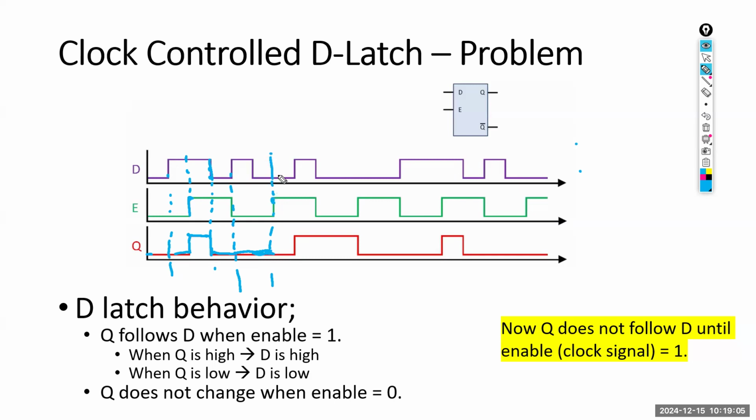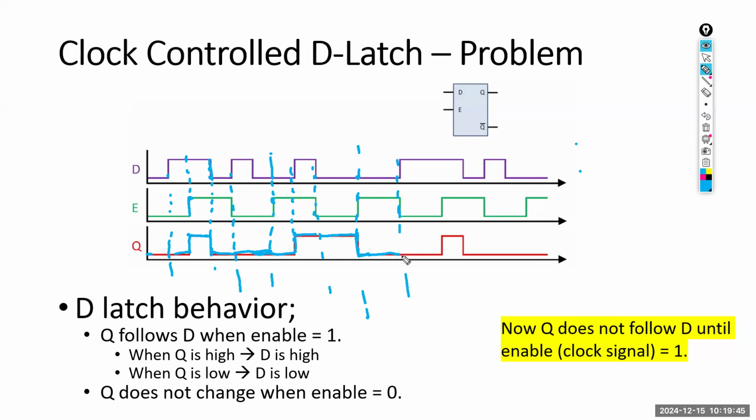Now again, it's enabled, and by the time, still it is low, therefore it stays low. Now again, while the clock is up high, D goes up, so therefore your Q goes up, until this time it is up. Now my clock is low level, that is memory. So whatever the value, it will remain there because it's memory. And again it's enabled, by the time enabled it is 0, so therefore it goes down until this point.